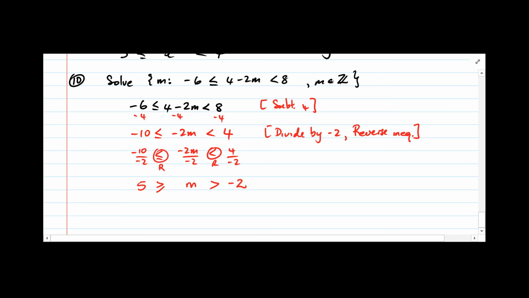Now, we don't like this form of the inequality. 5, yes, is greater than negative 2. If I got rid of one part, we can always say that 5 is greater than or equal to negative 2. That's a true statement.